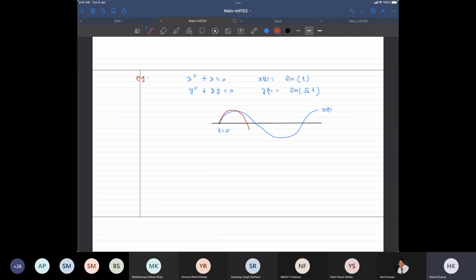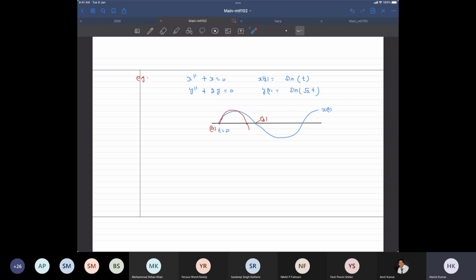Because at pi by root 2, it will vanish here. So this is our a in the discussion, and this is our b. Note that x at a and y at a are both 0, but because the coefficient for y is bigger, it will vanish before the next zero of x itself. Is this description clear to you?